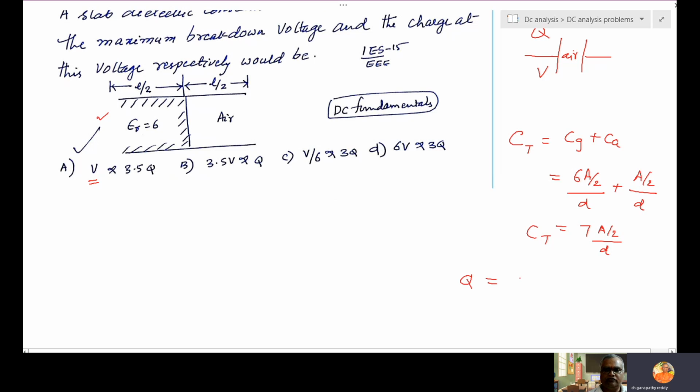Now what will happen to charge? Q is equal to CV. So now Q final, Q_T, equals C_T V, V remains same.